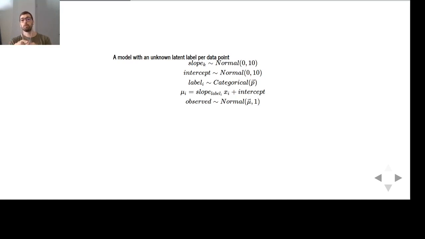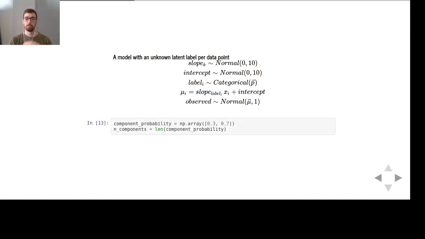So for each of the individual regressors x, each of the values, each of these will come from a different one of these two linear functions that have different slopes, and the label that represents which of these two functions the regressor comes from, and also the observation in the end comes from, will be unknown, and we'll have to infer it from the data.